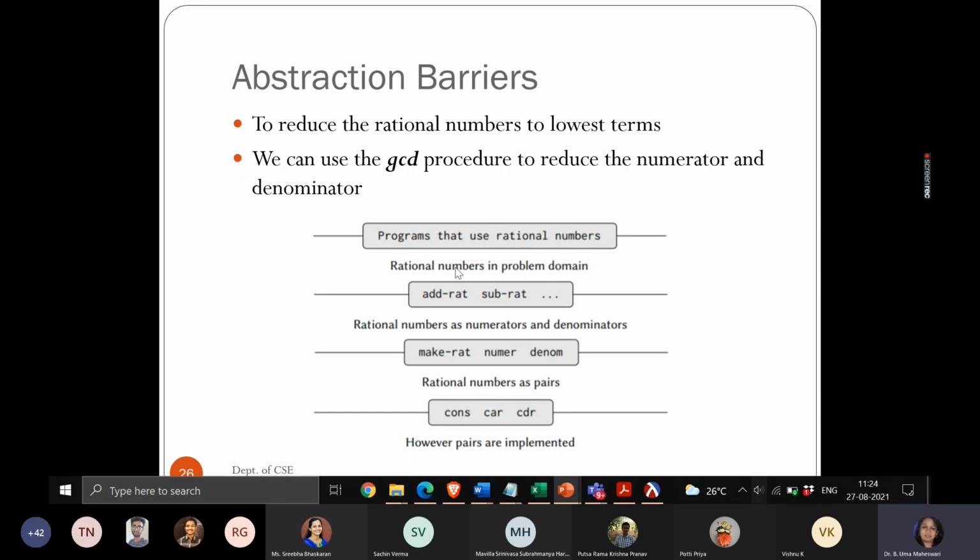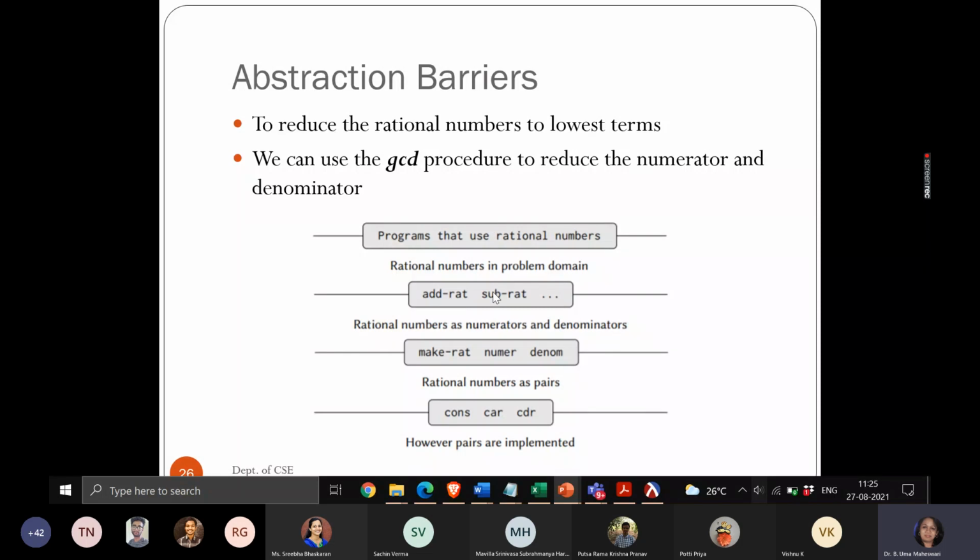You will just call add-rat, but in the underlying part you will not know what is written, how the rational numbers are implemented, how we get the numerator part, or how we evaluate the expressions for add-rat. Nothing is known. You just call add-rat. If you want to update some logic in the lower part, you can always do it, and that will not affect the higher level part.